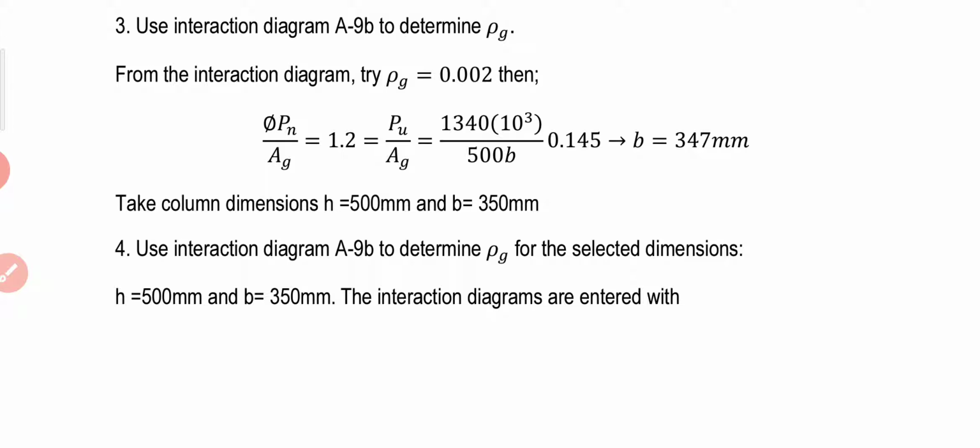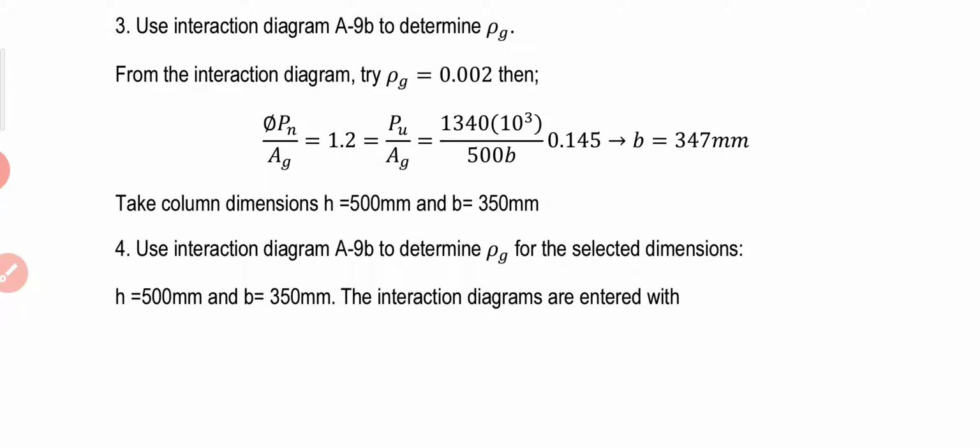So Pu value 1340 into 10 power 3. In this we can convert in mm. And Ag equal to B into H. So H equal to 500 into Ag into B. So B, we can find B equal to 347 mm. Take column dimensions, B equal to 350 and H equal to 500 mm.